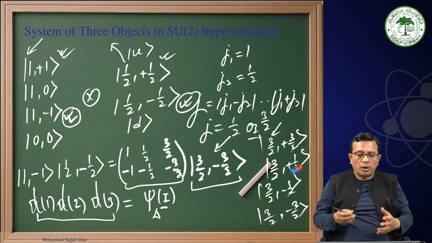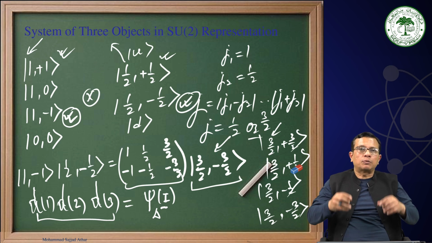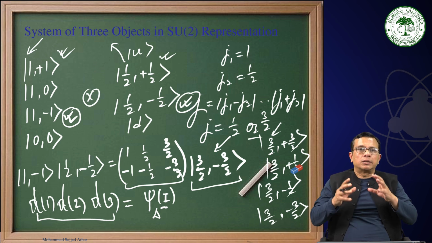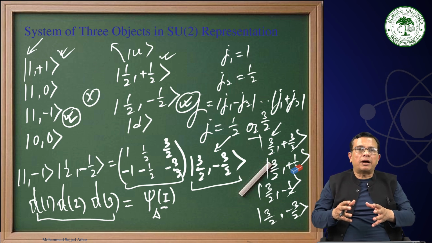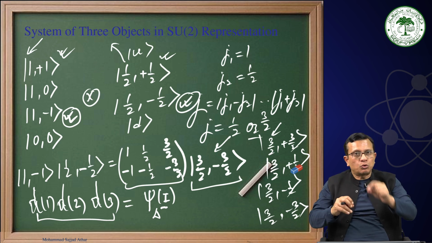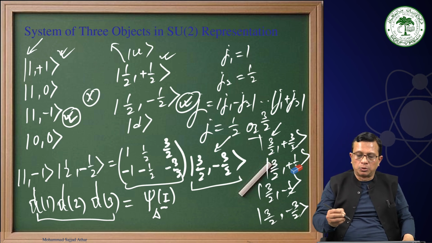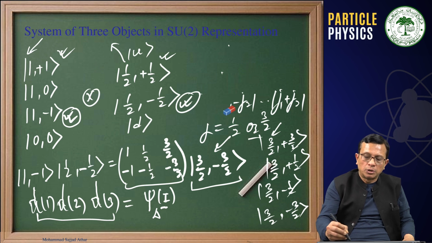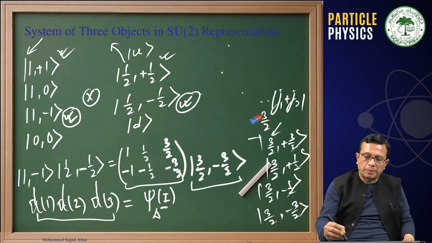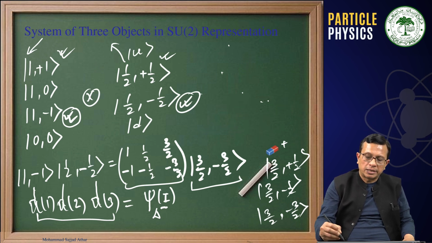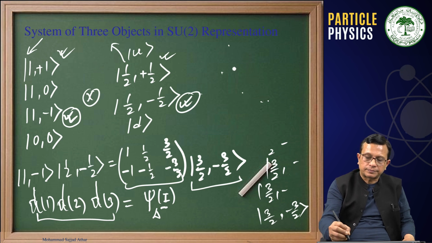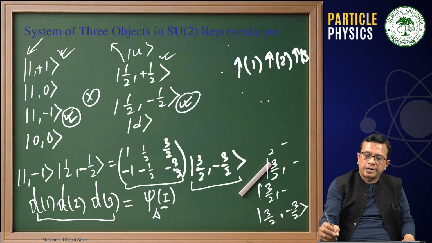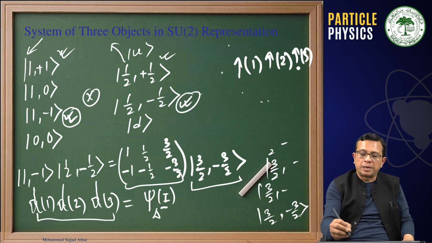If I want my particle to have spin 3 by 2 and projection plus 3 by 2, then the answer is all the 3 objects are in the spin up state.